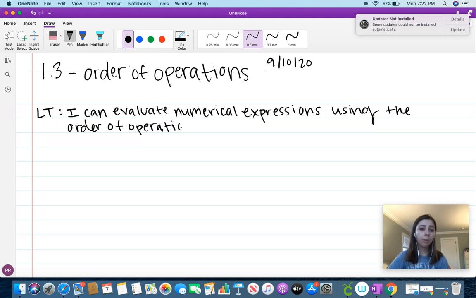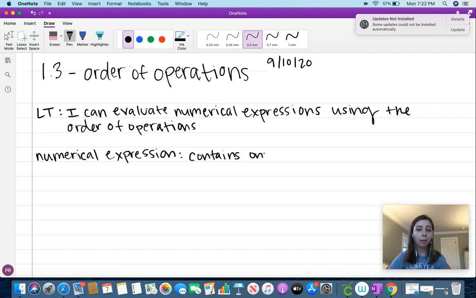Now, I'm sure there are some words in there that you're like, what does that mean? And that is the very first thing we're going to talk about. So our first vocab word, not worm, is numerical expression. A numerical expression is just an expression that contains only numbers and operations.